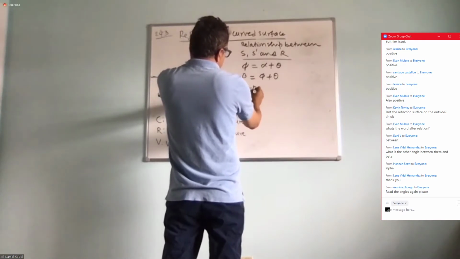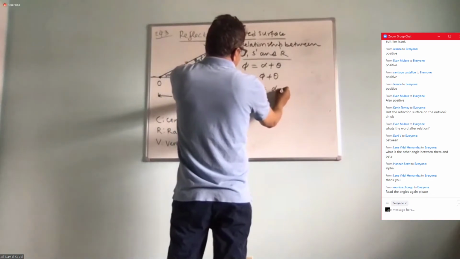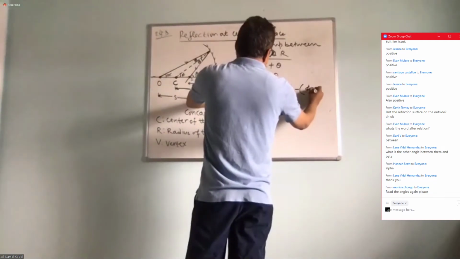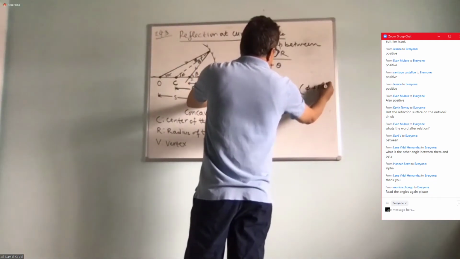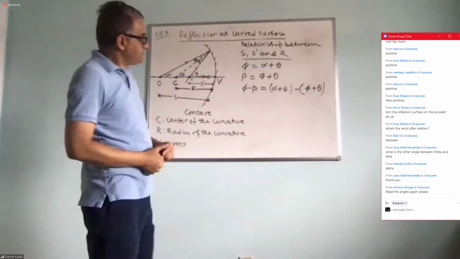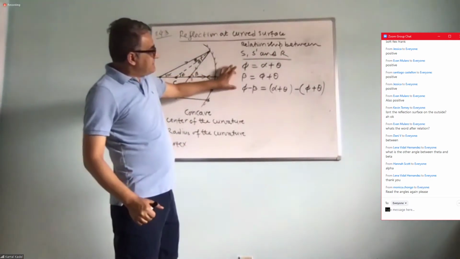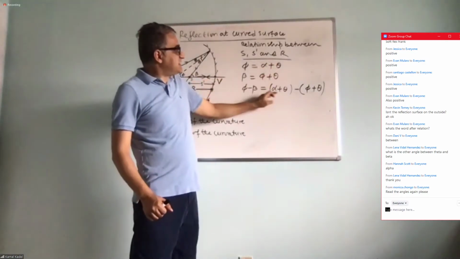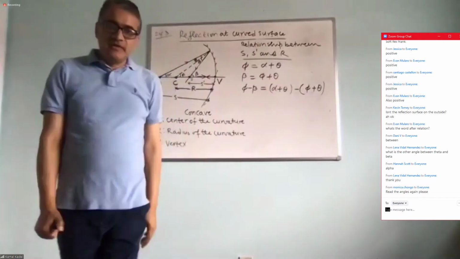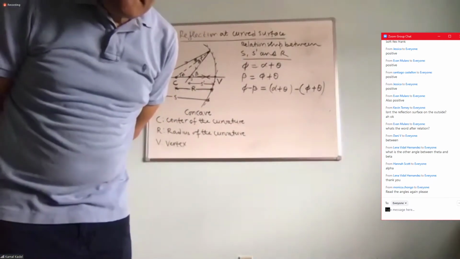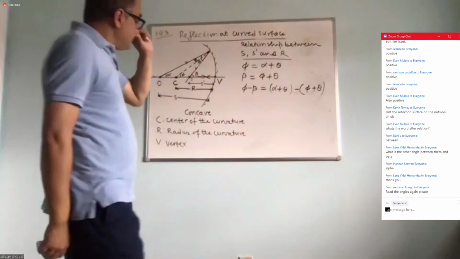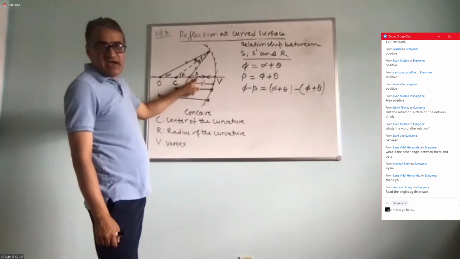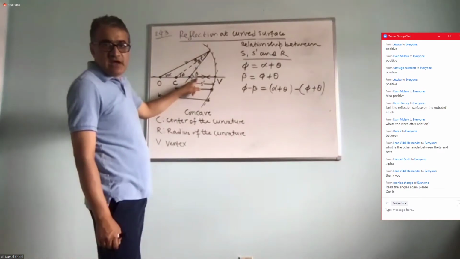Phi minus beta equals alpha plus theta minus phi plus theta. Can I do this? I just subtract left hand side and right hand side. This is phi, this is alpha, and this is beta. Good? You understand now? Good, good.